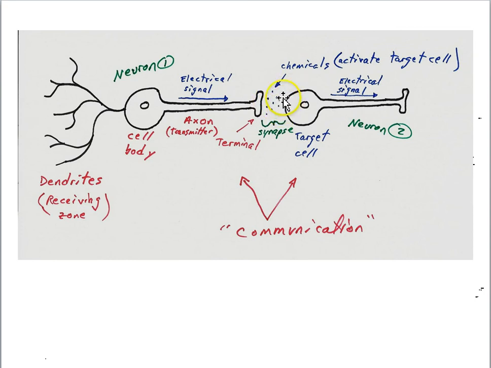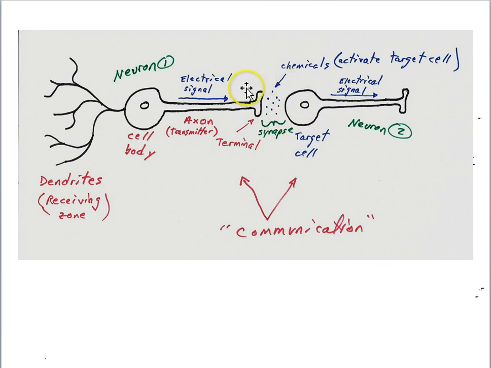When those chemicals interact with the target cell, they begin to generate another electrical signal in the target cell. So the function of the chemicals is to transmit activity from this cell to the next cell that it's connected with.